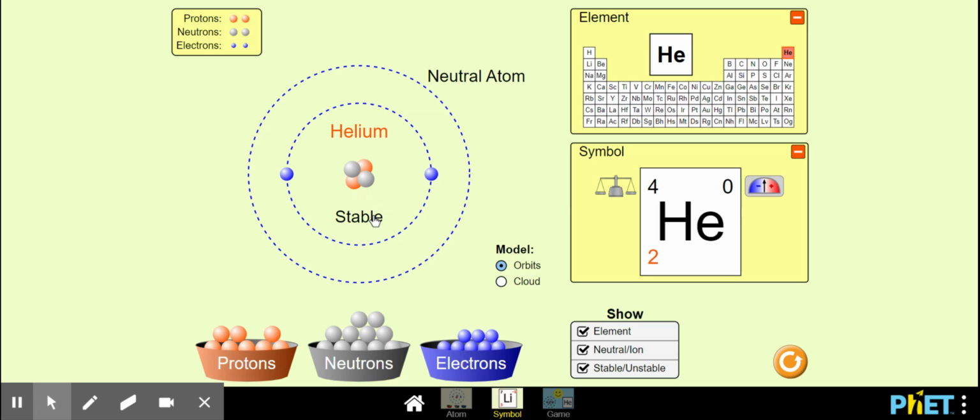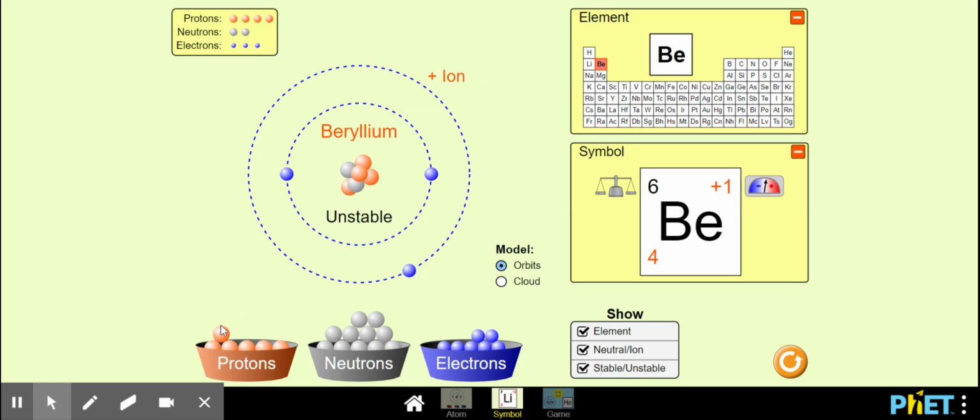The most common isotope of helium has 2 neutrons. Remember, it's helium if it has 2 protons. So it's helium whether it has 1 neutron and 2 protons or 2 neutrons and 2 protons. And you can continue to add particles and see how the symbol changes. Anytime you add a proton, you change what element it is, and you change both the atomic number and the mass number.